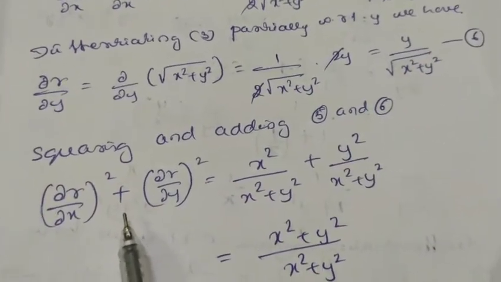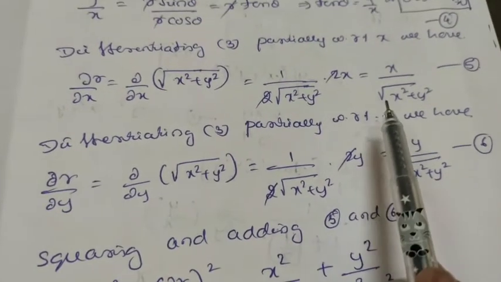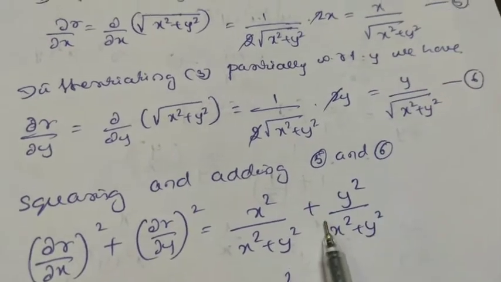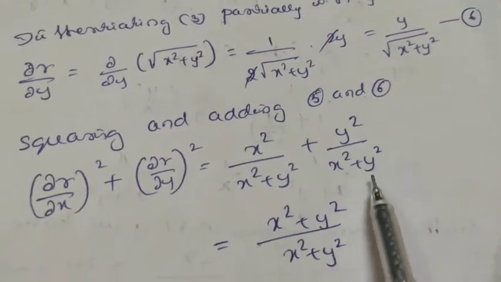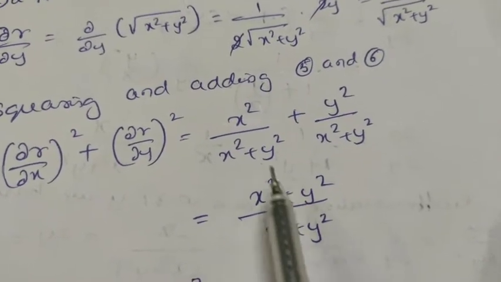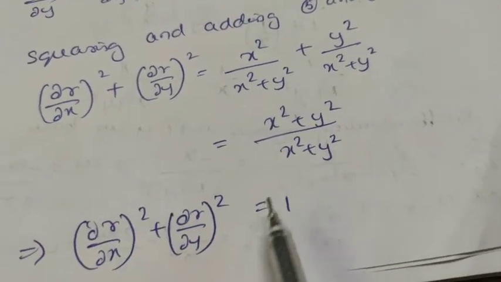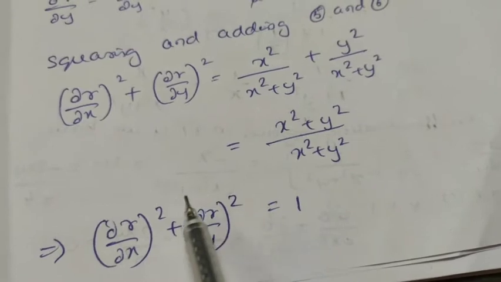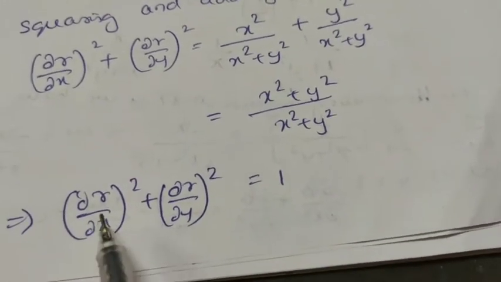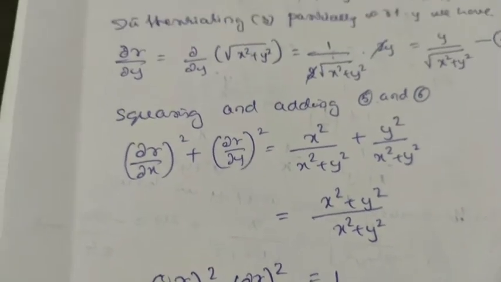We have (dou r by dou x) whole square plus (dou r by dou y) whole square is equal to, here you have to square the RHS also, x square divided by x square plus y square, plus y square divided by x square plus y square. Taking LCM x square plus y square, adding the numerators, it is also x square plus y square only. Both are the same, they get cancelled, it is equal to 1. So this is the proof of this example. That is (dou r by dou x) whole square plus (dou r by dou y) whole square is equal to 1.